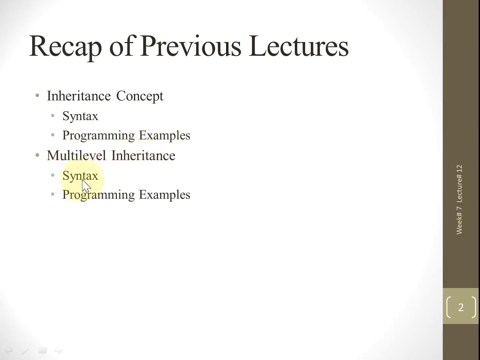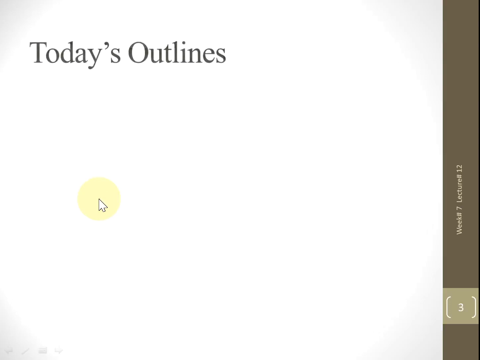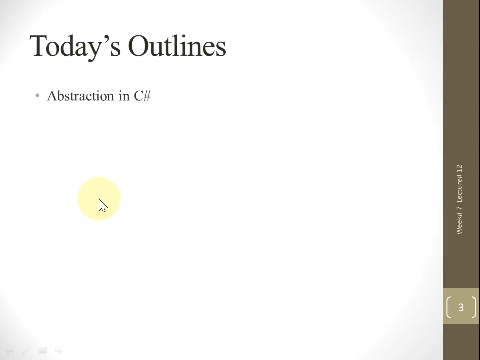First we learned the syntax and then solved the programming example within the C#.NET framework. Inshallah, in today's lecture, we will be learning the most important feature of object-oriented programming, that is abstraction in C#.